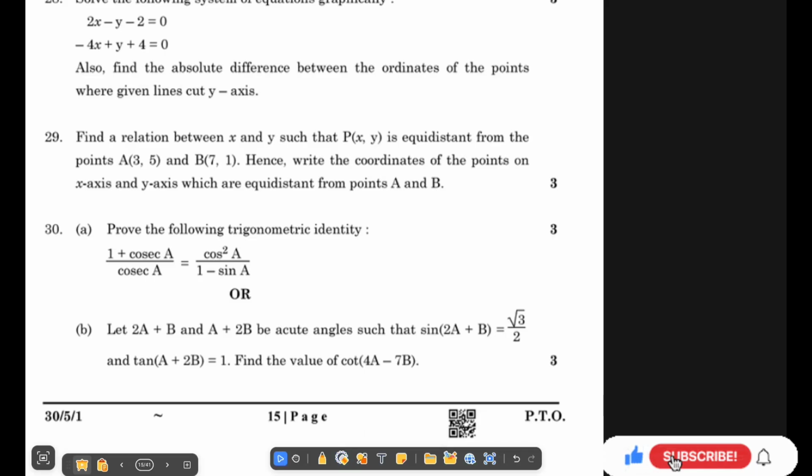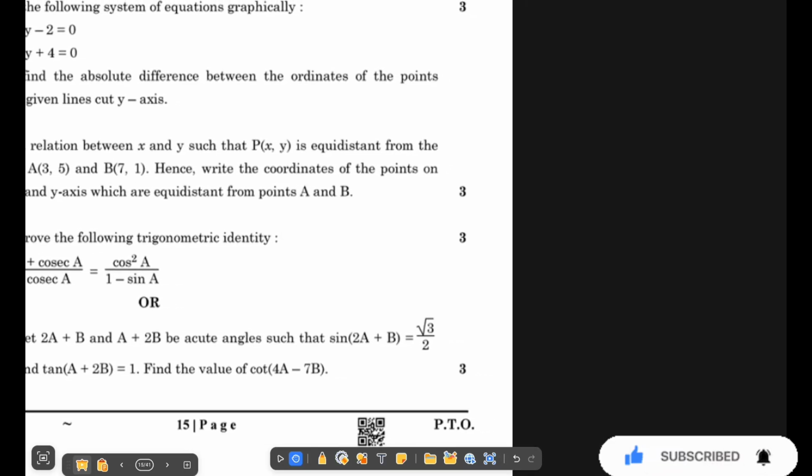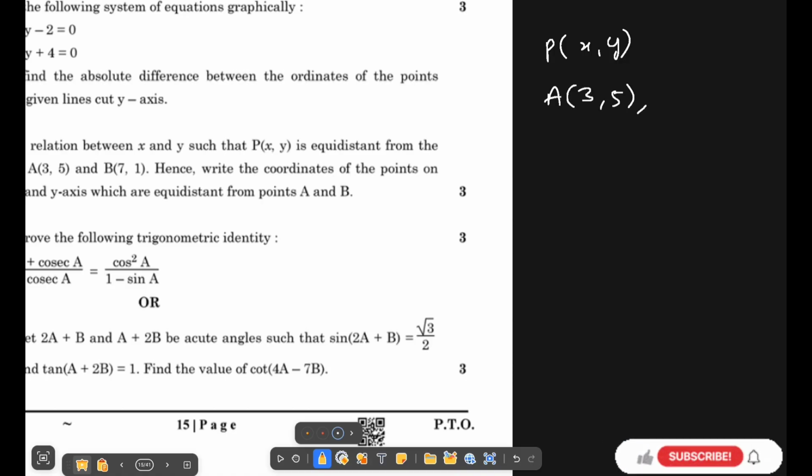So P coordinates are given, P(x, y), and A coordinates are given. What are the A coordinates? 3 comma 5, and B coordinates are given, 7 comma 1.